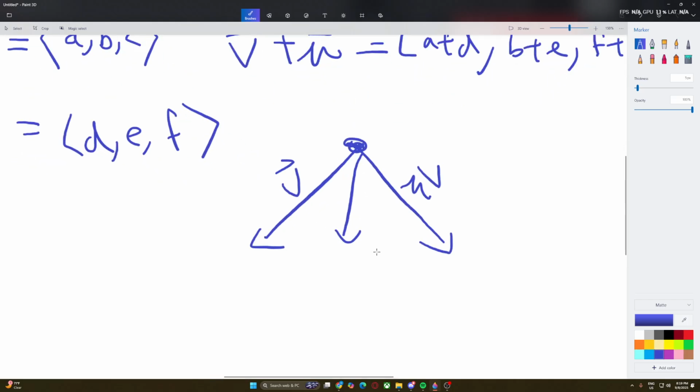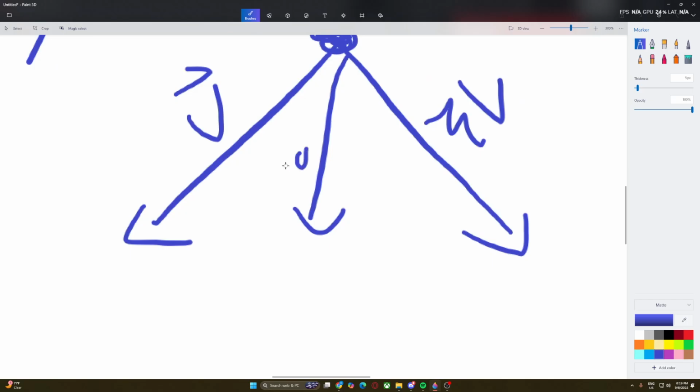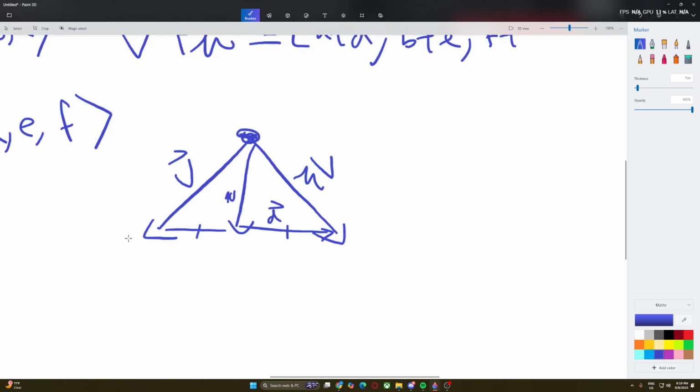Let's call it C. And then we have two congruent sides that are also vectors. We'll call it D. And we'll call this corner Q, T, R on this side, and S in the middle.